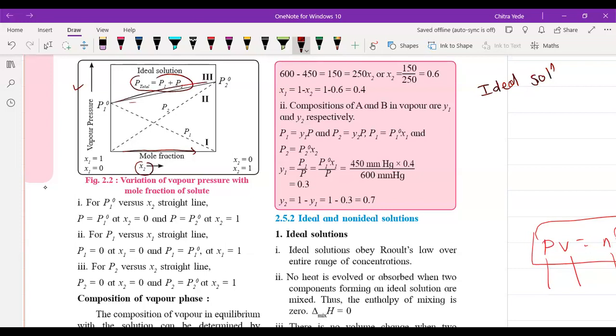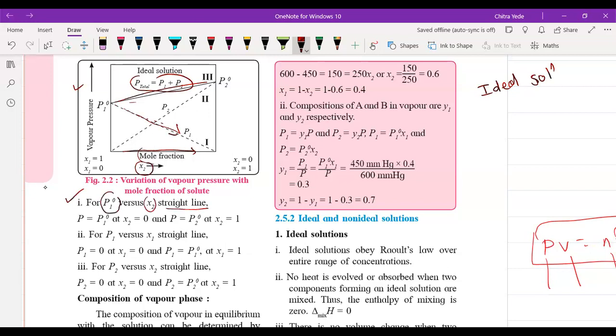But for other solutions, like that curve, can you see that? Here as mole fraction increases, vapor pressure decreases, right? Like this, in this direction. See, here we have the ideal solution, P10 versus X2, it is a straight line.